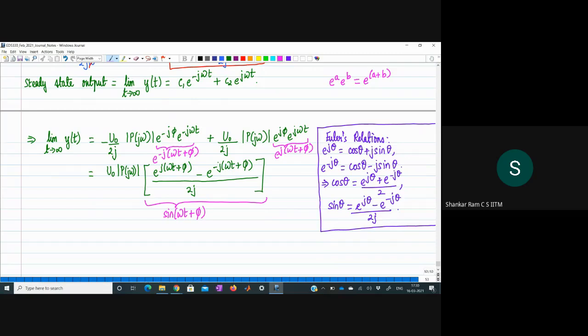So this will imply that the steady state output, the limit as t tending to infinity of y of t, is going to be equal to U naught magnitude of P of j omega times sine of omega t plus phi, where phi is nothing but the phase of P of j omega.